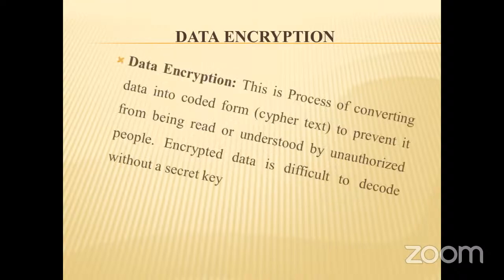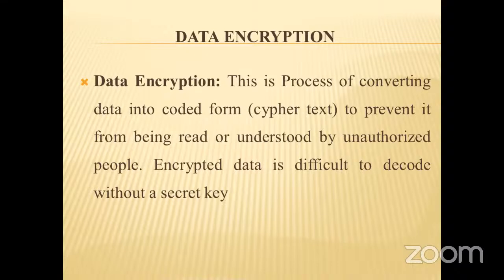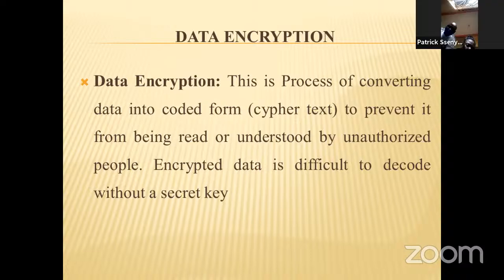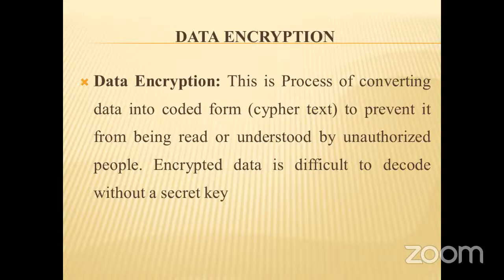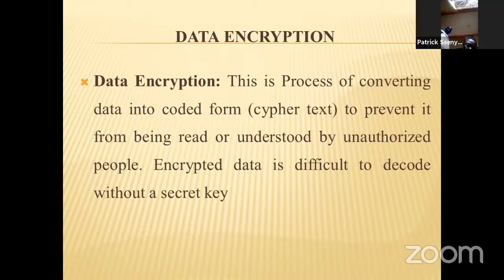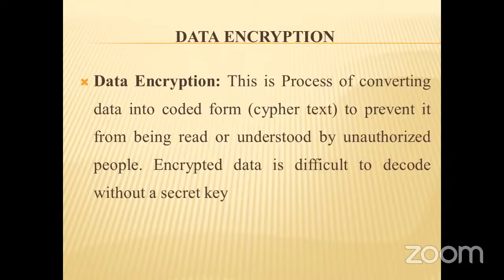You code your data to prevent accessibility by unauthorized personnel. So from our screen, we can see that data encryption is the process of converting data into coded form to prevent it from being read or understood by unauthorized people. And the continuation confirms that it is very difficult for anyone to decode the coded data without a separate key.